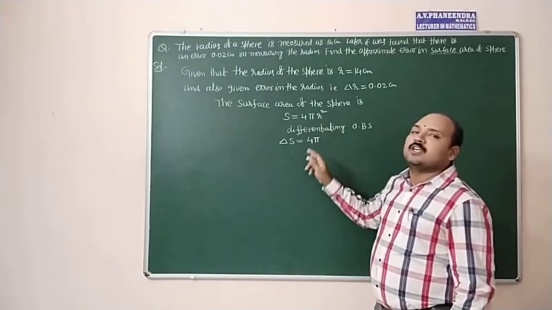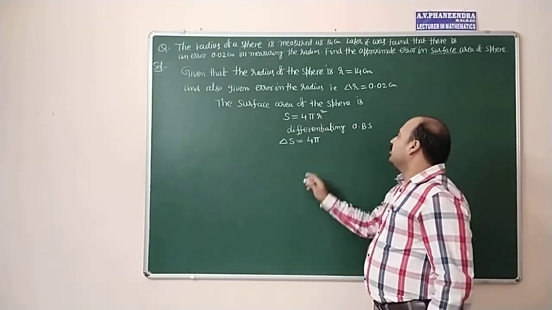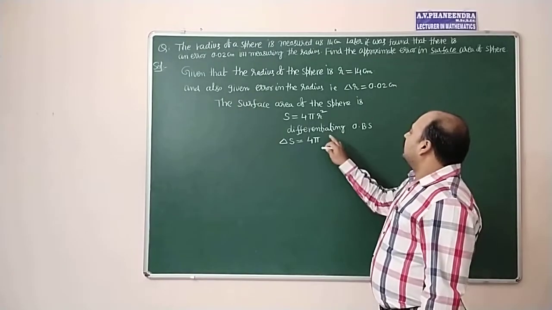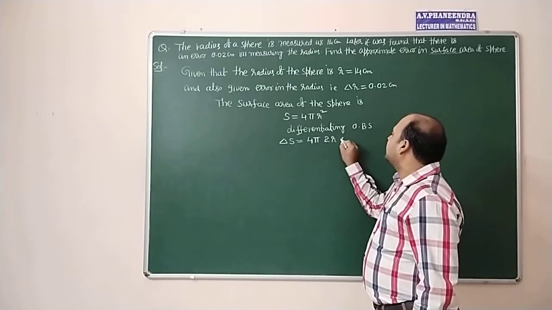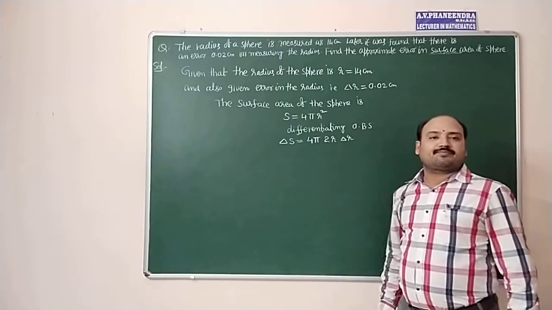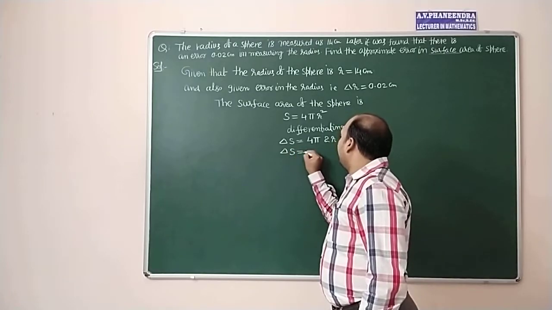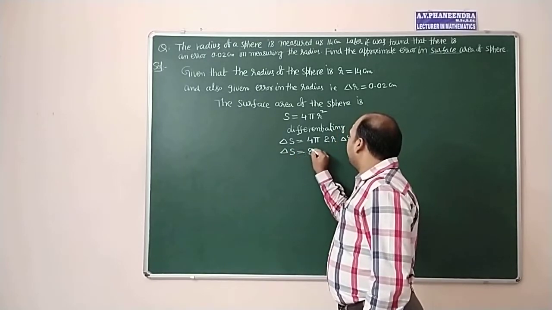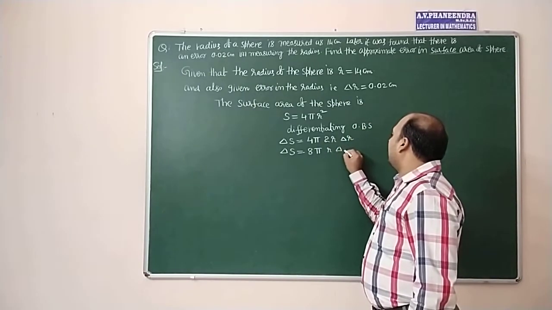When constant into function is there, the constant we can take outside and the rest of the function you have to differentiate. So r square, the differential of r square is 2r. Again r if you differentiate, delta r will come. Now delta S is equal to 4 2s are 8 into pi into r into delta r.